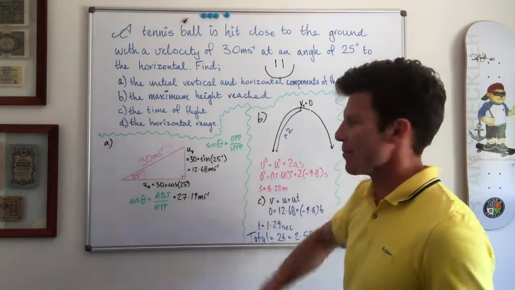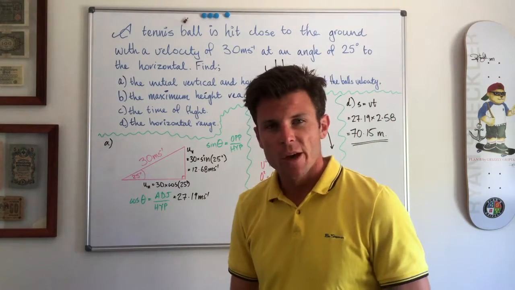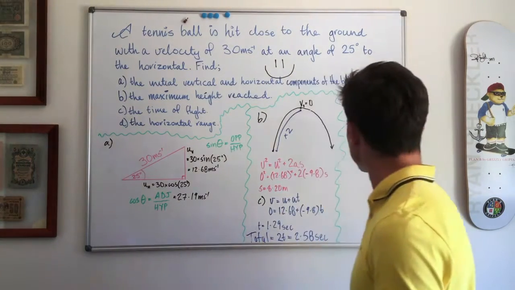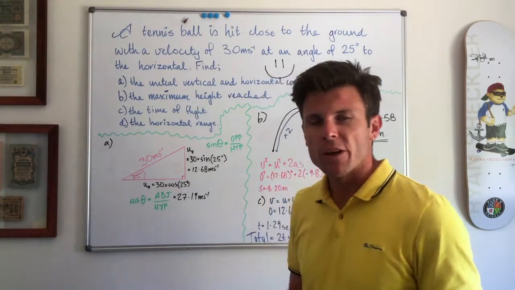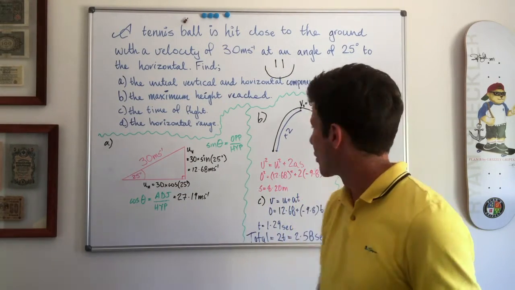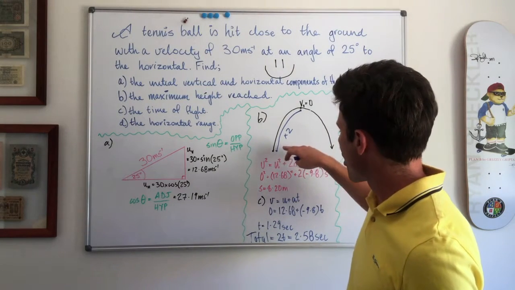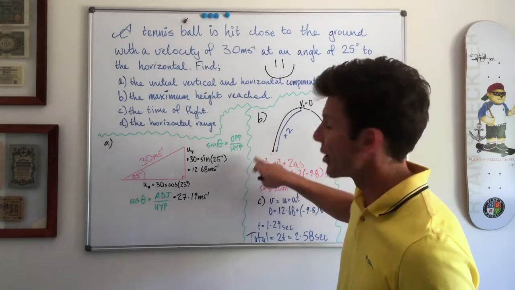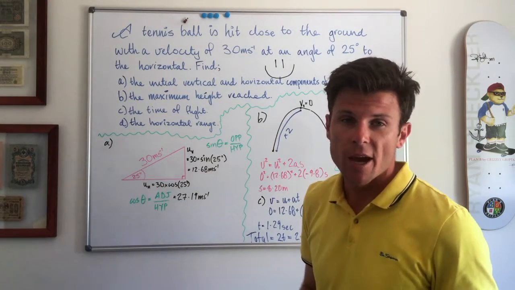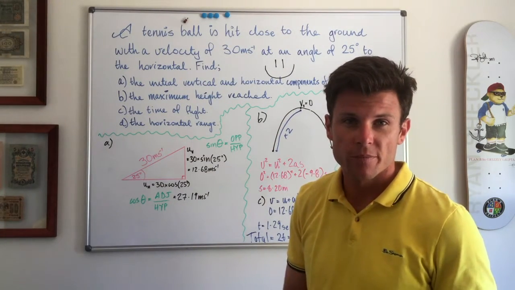We found that out in part B of the question. Point 3, that because parabolic motion, if we ignore air resistance, is symmetrical, we can just work out the time by working out the time it takes to get from the bottom of our parabola to the maximum height and then multiplying it by 2.